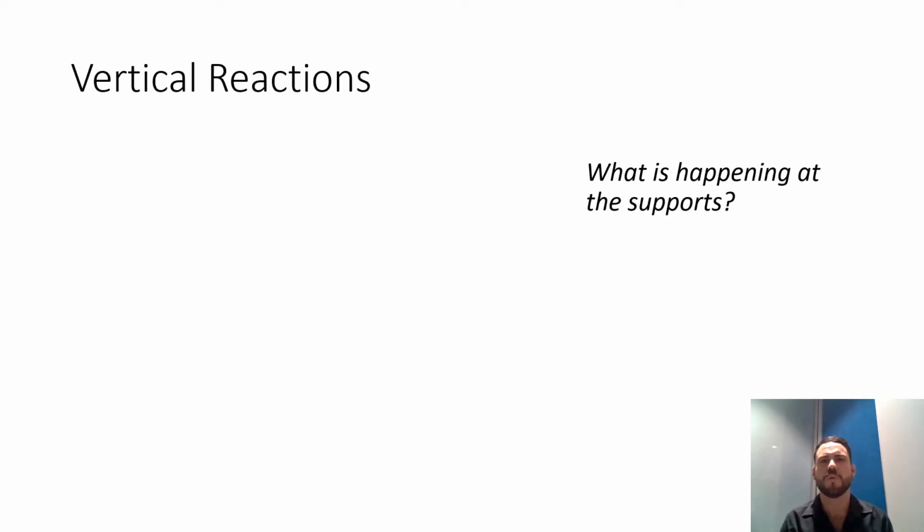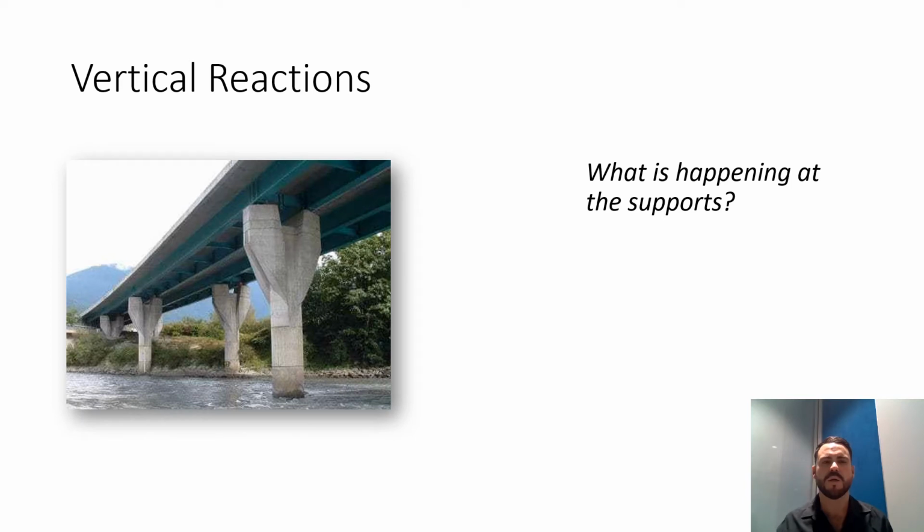Okay, so our prior knowledge that we learned about in Unit 1 was all about vertical reactions, and we need to ask ourselves what is happening at the supports. So we have a typical situation where we'd be considering reactions like a bridge, and we've got our supports, and we need to be thinking, okay, we've got our load, our mass on top, and the supports here, and what's actually occurring.